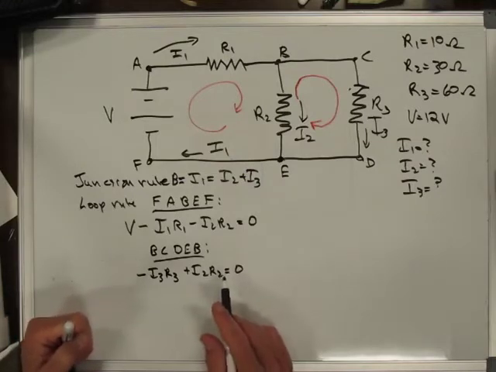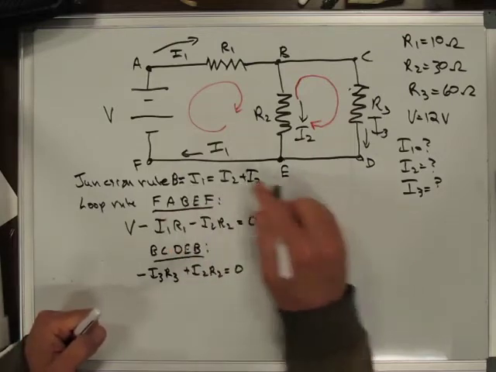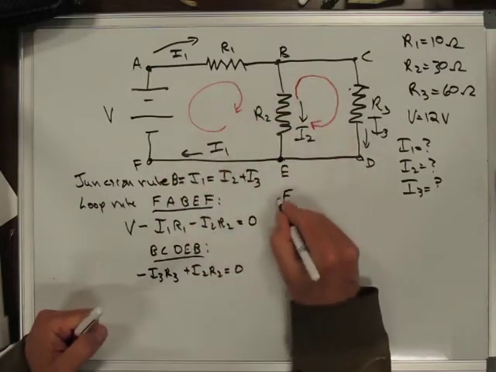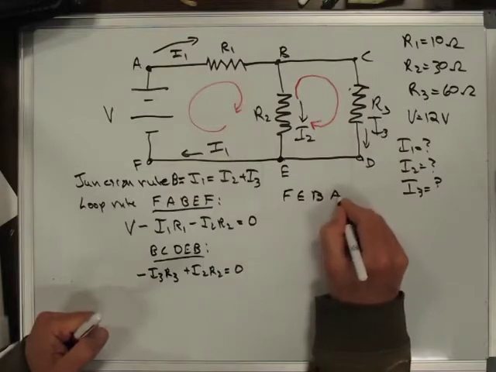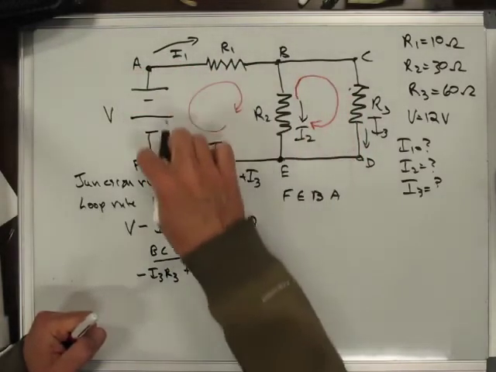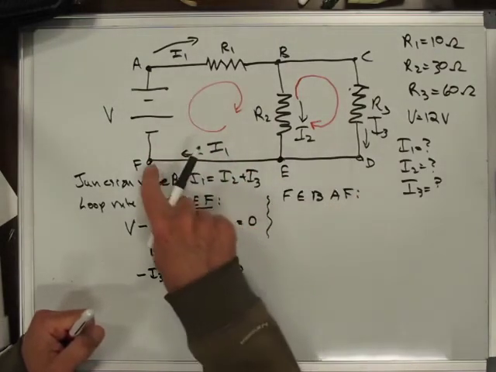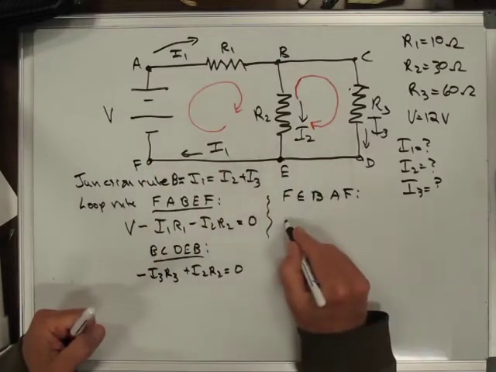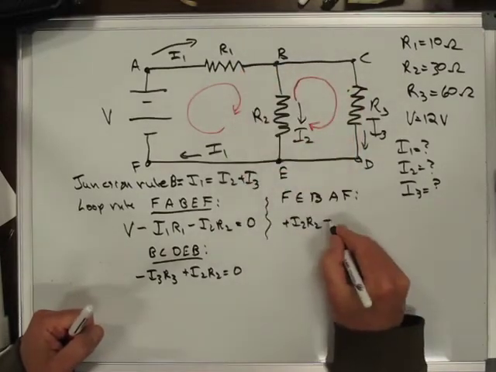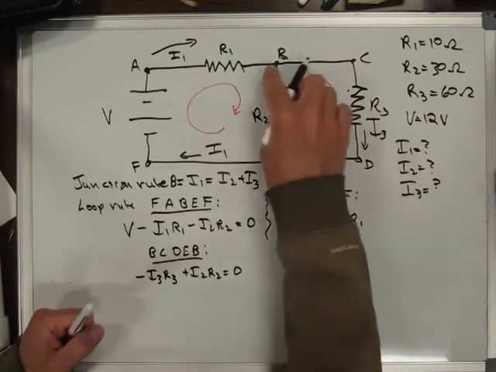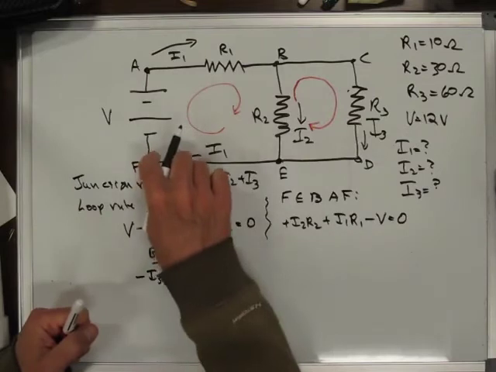Let me make a couple of notes here. Suppose instead of this, we went around this loop backwards. F, E, B, A, F. So we go F, E, nothing happens there. We get plus I2R2, because we're going against the current, plus I1R1, because we're going against the current, and then minus V equals 0, getting back to here.